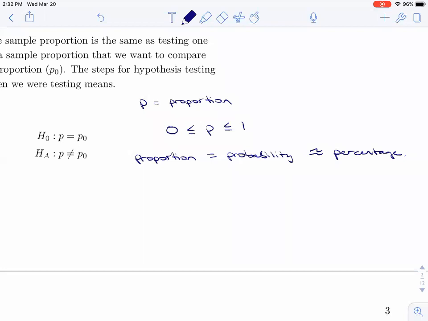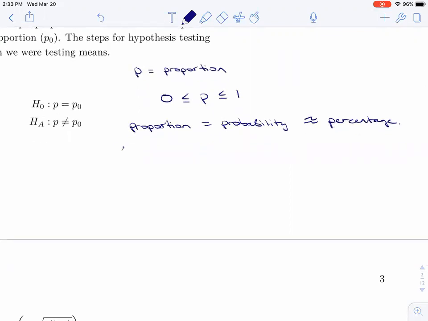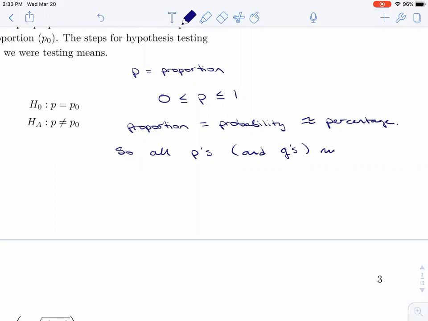A proportion times 100 is a percentage. And so you have to keep that in mind, that all your P's and Q's must be between 0 and 1.